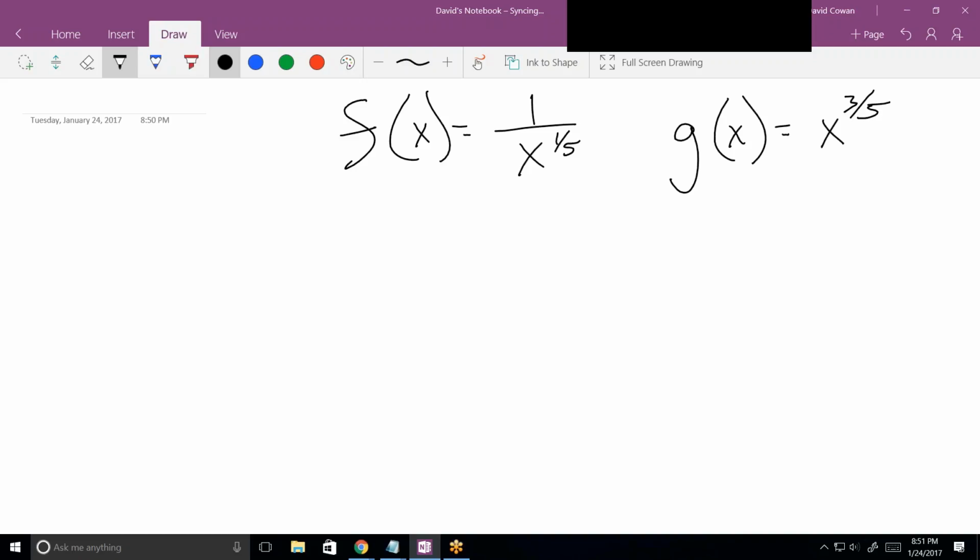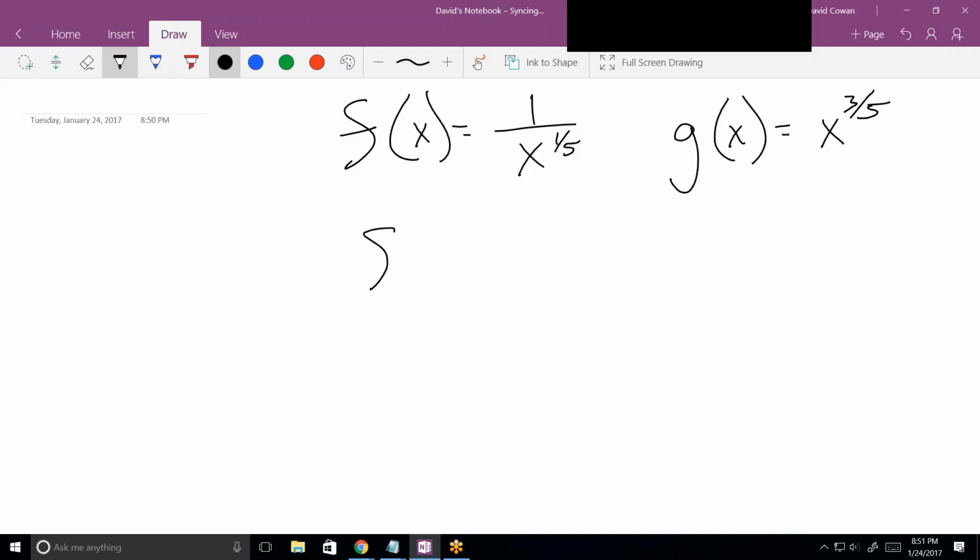All they're doing is dividing this. Let me think for a moment here. They're dividing f by g. It's going to give you the same domain restrictions, I think. No, it isn't. Yeah, this is a good problem here.